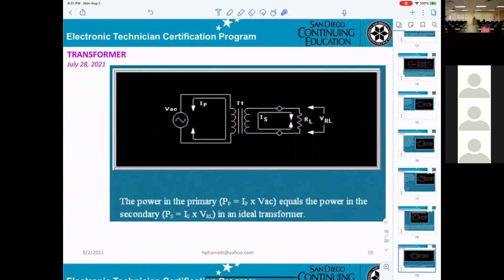The power in the primary. If you want to calculate the power in the primary, P equals IP times VP, V times I, but it has to be primary.